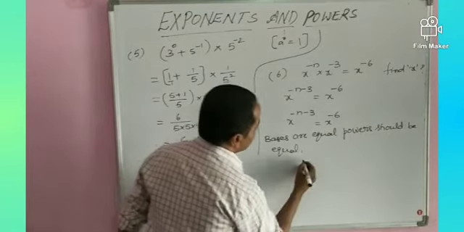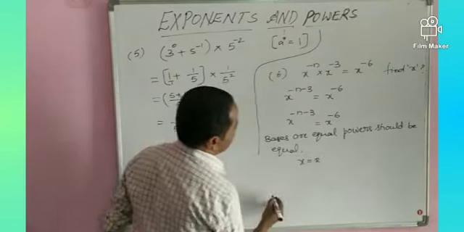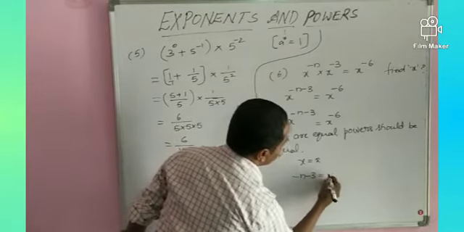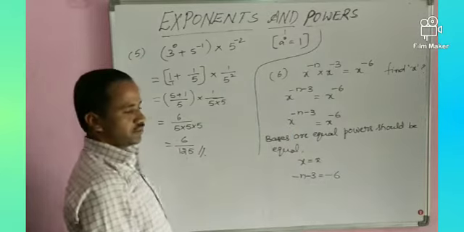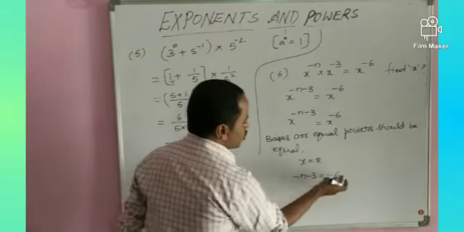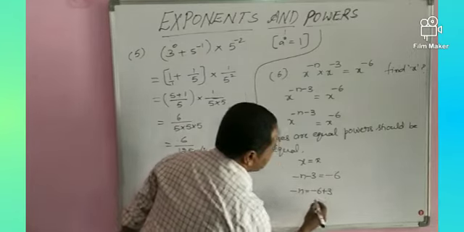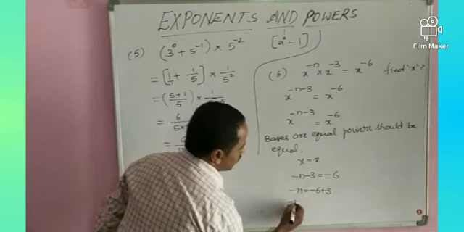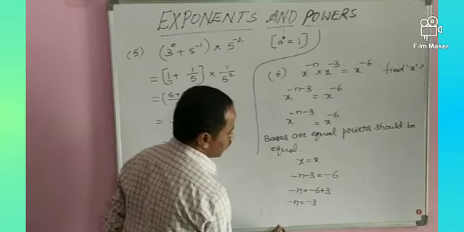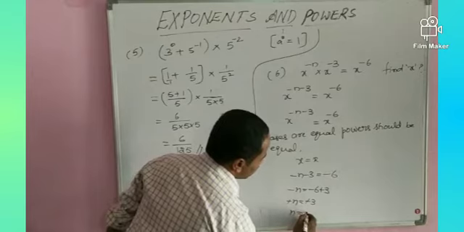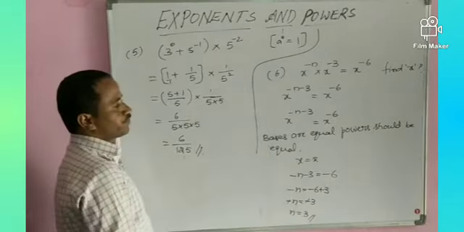That means minus n minus 3 is equal to minus 6. Minus 3 goes to that side and becomes plus 3. Minus 6 plus 3, minus 3 is there. Minus, minus get cancelled. What is the answer? n is equal to 3.